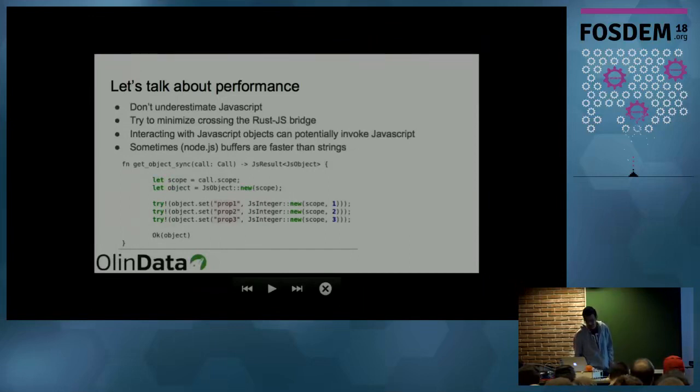Whenever you make a call from the JavaScript land to the Rust land, V8 has to do a certain number of checks, and these things cannot be optimized. So try to avoid it as much as possible.